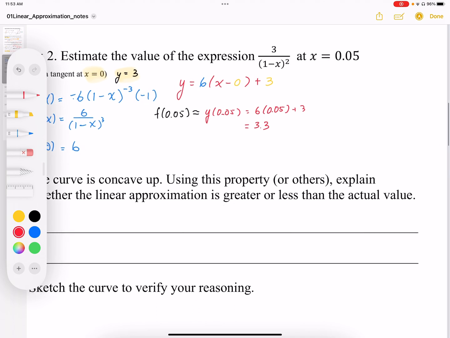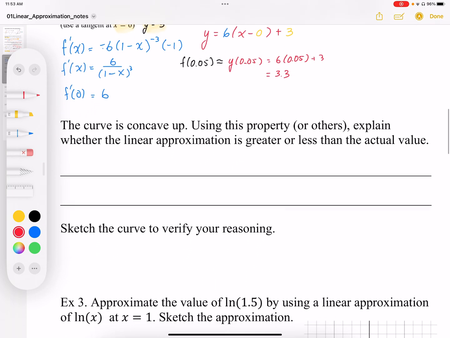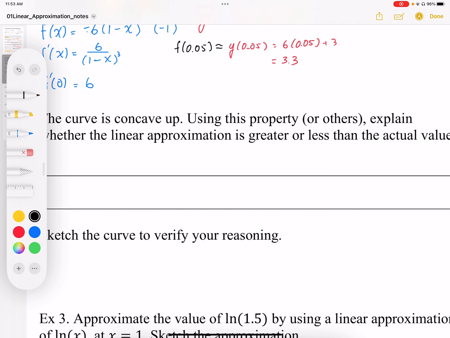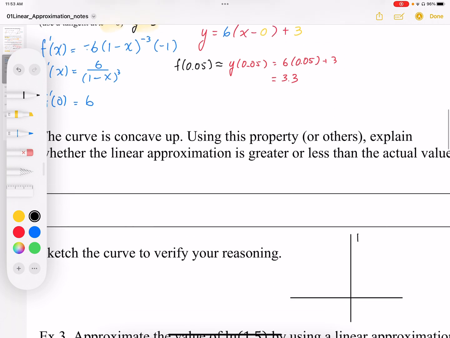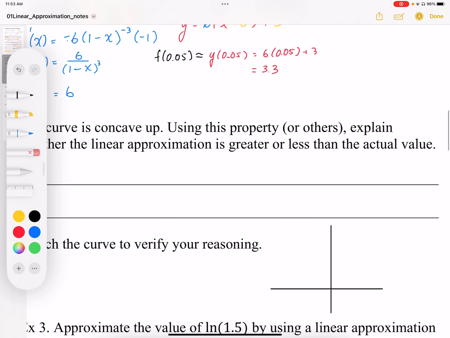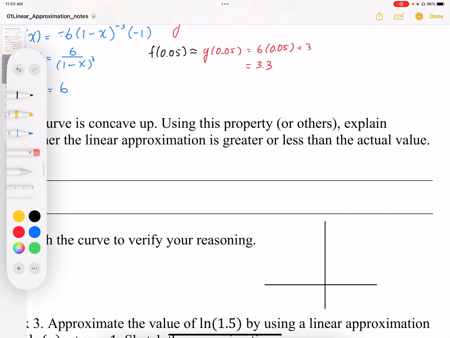Okay, so what does this look like? We're going to sketch the curve, and it's going to look like this. My curve is going to be a reciprocal function. So it's going to be a curve like this, and our asymptote is going to be at positive 1. Okay, so I'm going to draw an asymptote at plus 1.